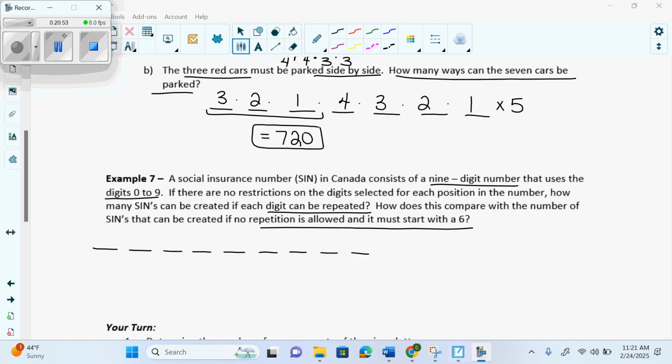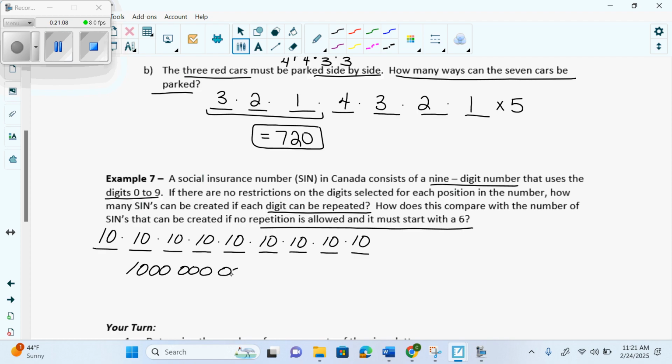Okay, so 10 times 10 times 10 times 10 times 10, which is 1, and then 9 zeros. When you multiply tens, it's just the number of zeros, yeah? You could technically put it as 10 to the power of 9. Yep.